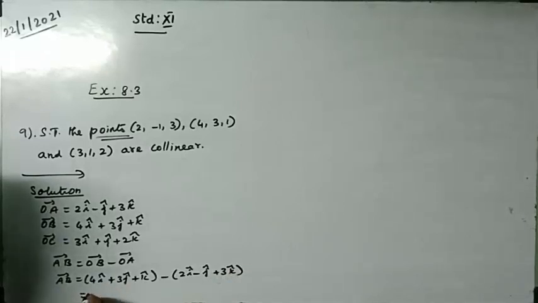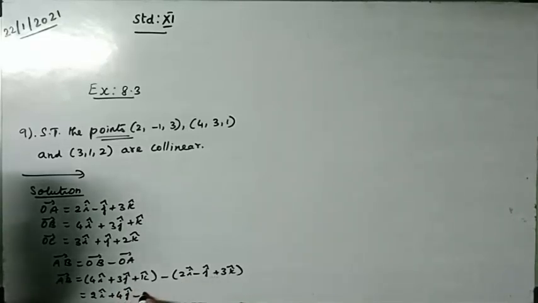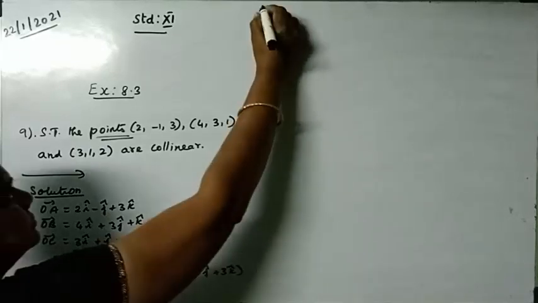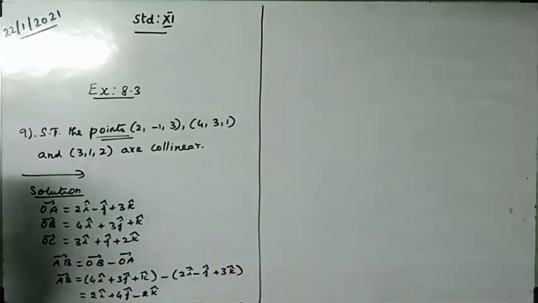If I subtract this, 4 minus 2 is 2, so 2i cap; 3 minus of minus 1 is 3 plus 1, 4, so plus 4j cap; plus 1 minus 3 is minus 2k cap. So AB vector is equal to this one.